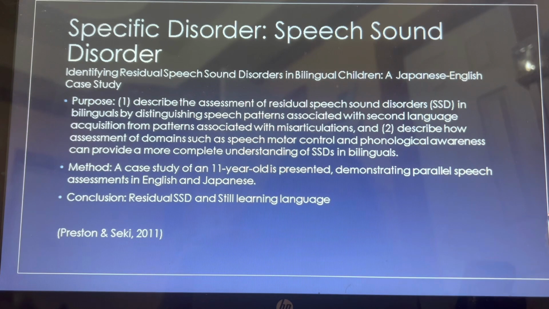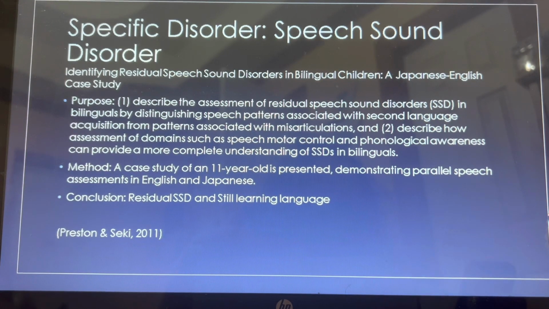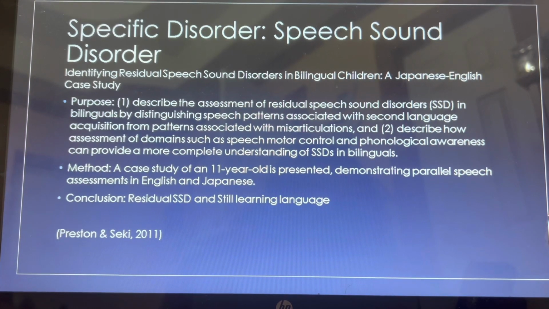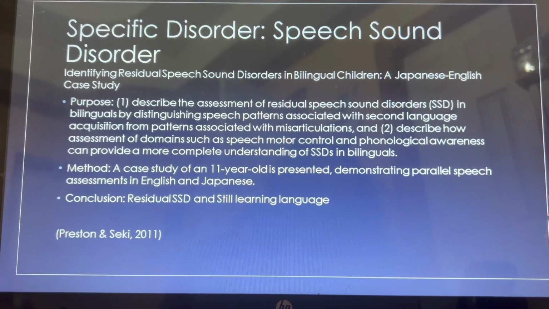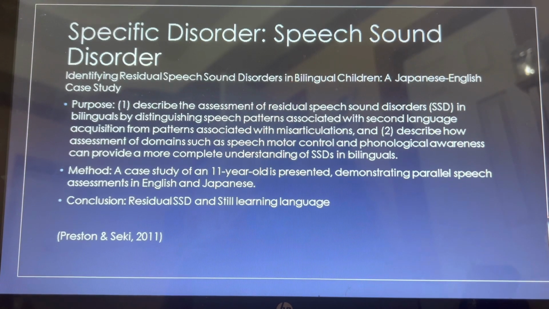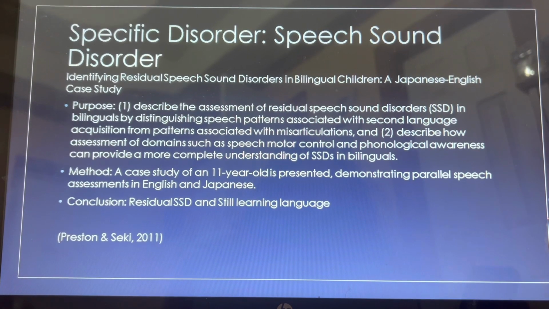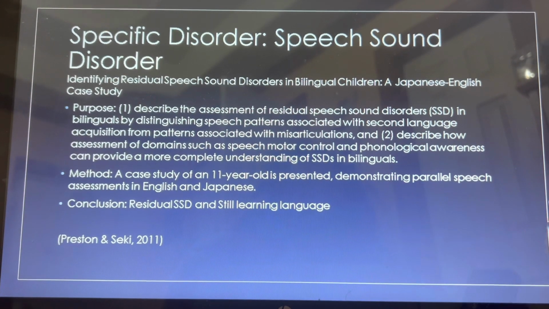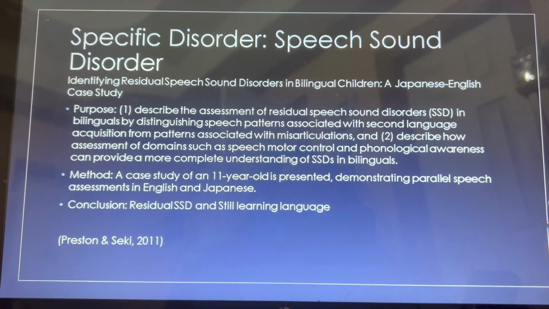What was important to note here, though, was that even though there were some residual speech sound disorder misarticulations, several of this child's speech patterns simply reflected that he was, as I said earlier, transferring patterns, and that was what was leading to a lot of misarticulations as well.